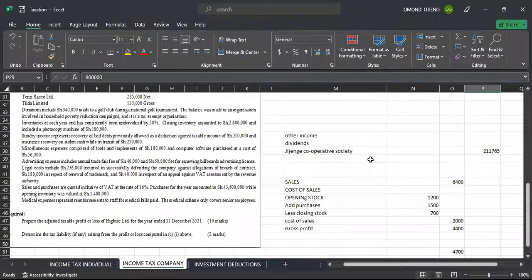So ingekuwa Uganda, Ethiopia, still it is tax exempt. It is exempted from tax.